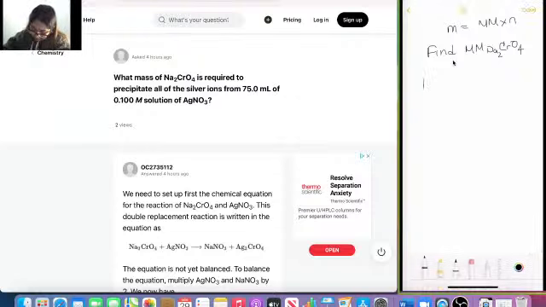And so let's first find the molar mass of 2 sodium atoms here, right? We have Na2, and so the molar mass of 1 sodium atom is around 23.0 grams per mole. Since we have 2, we will multiply this by 2. So we get 23 times 2, we get 46 grams per mole.